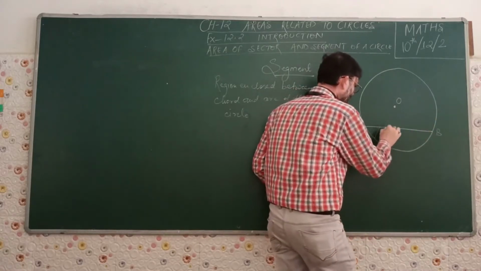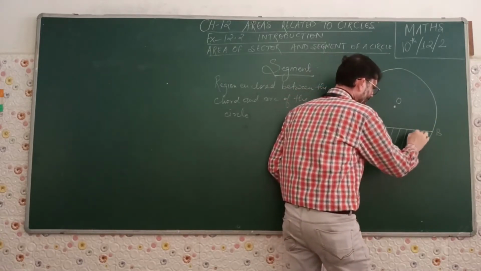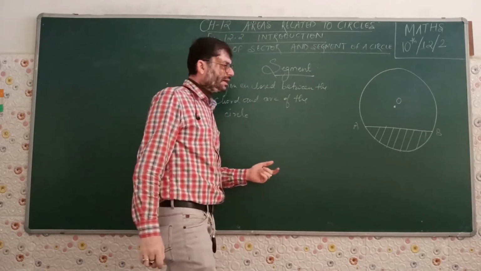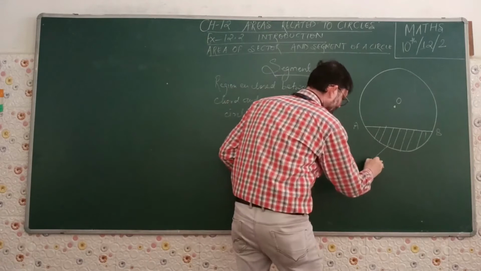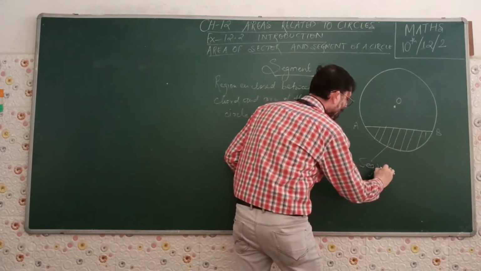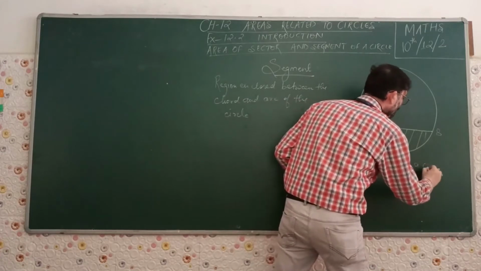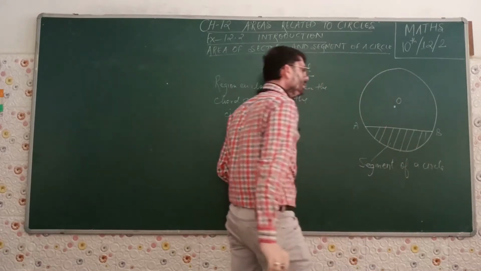So this is the area that we are looking for. This part is called my segment. It is the region between the chord and the arc of the circle. So this is called segment of a circle.